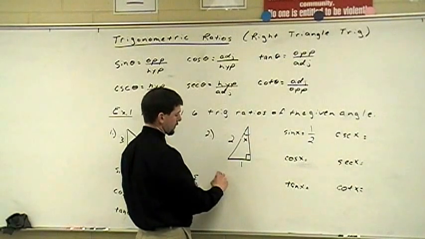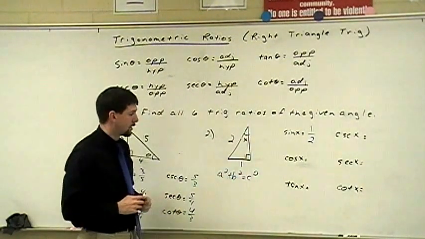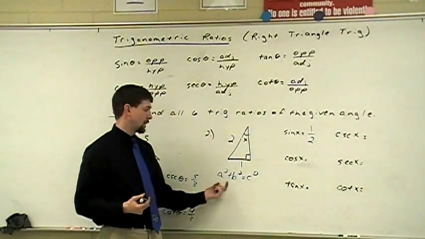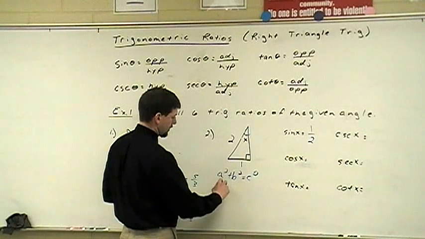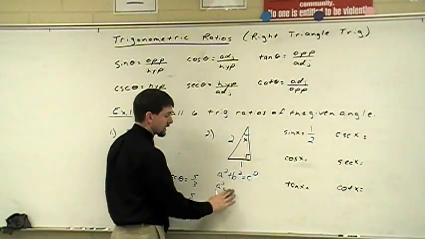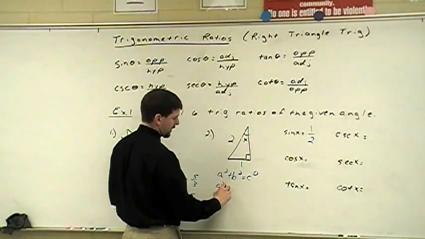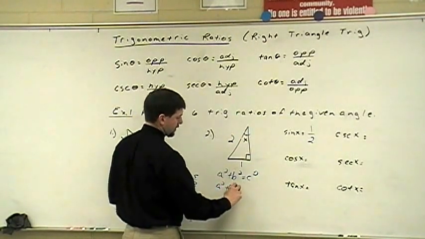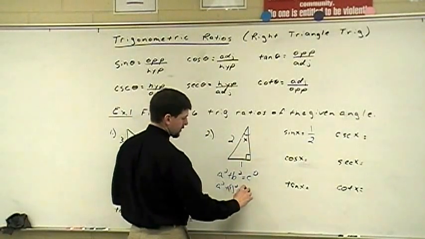By the Pythagorean theorem. A squared plus b squared equals c squared. So a and b are the legs, c is the hypotenuse. So we'll say a squared, we'll make that the adjacent side. So adjacent squared, we don't know, plus b squared, we'll make that the opposite side, equals c squared.